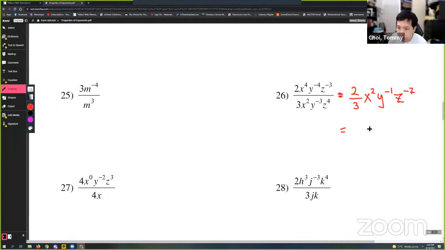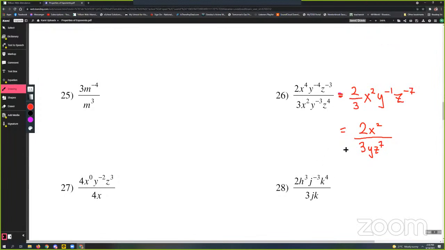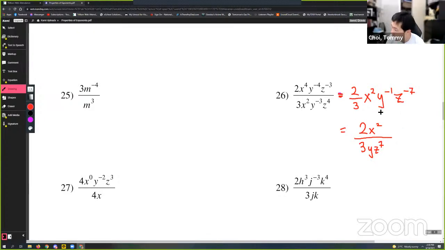So your final answer here, without the negative exponents, should be 2x squared over 3y z to the 7. And that would be your final answer. Because y is negative, z has a negative, so they go into the denominator, the bottom. So negative exponents always have to go to the denominator of the fraction.